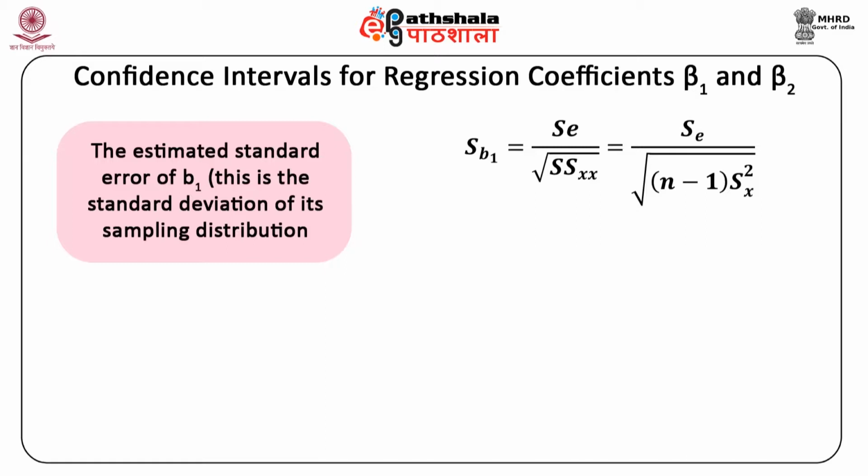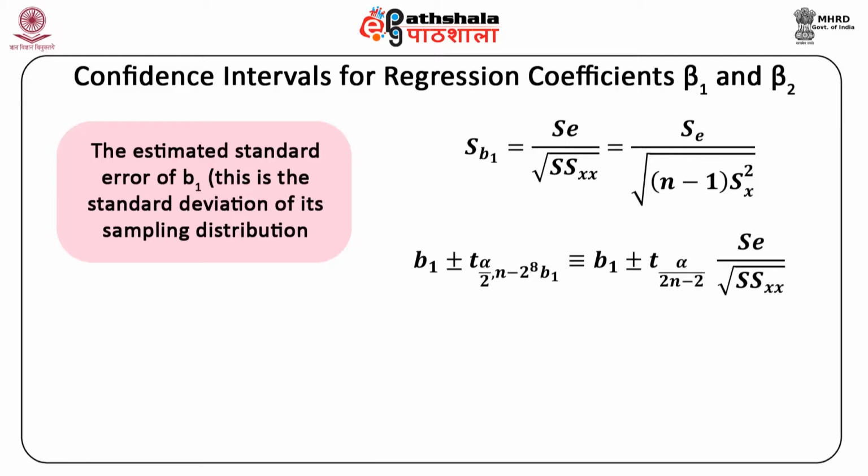The interval then can be written as b1 plus minus t alpha by 2, n minus 2, into S b1. This is equal to b1 plus minus t with alpha by 2 and n minus 2 degrees of freedom into the standard error divided by the square root of the sum of squares, which is the square root of SSXX.